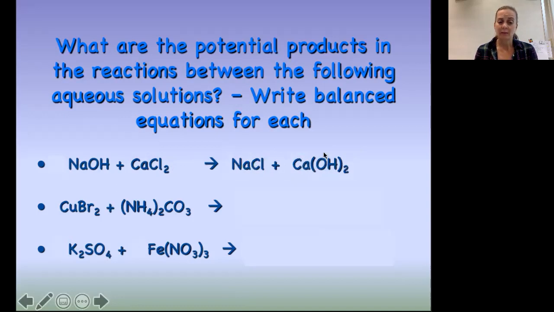And calcium and hydroxide. Now the hydroxide ion is only -1. The calcium ion is +2. So I need 2 whole hydroxide ions. Now, to balance this equation, I notice that I have 2 chlorides here and only 1 here. I have 2 hydroxides here and only 1 there.